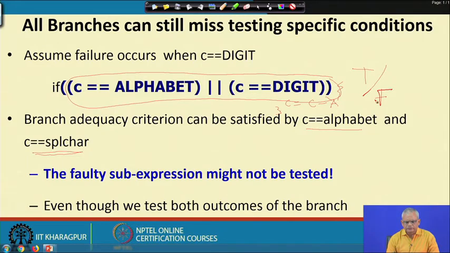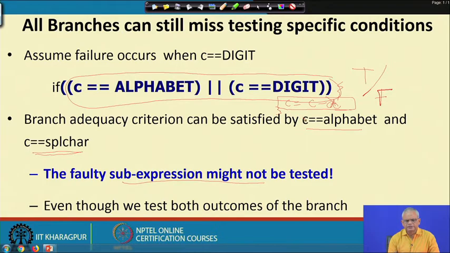But the fault is that when C is equal to digit, we are not handling it properly. Let us say we have written C equal to C minus small a. So, I made a small mistake here in getting the integer value. But our two test cases, C being an alphabet and C being a special character, achieve decision coverage, and the faulty sub expression, C equal to digit, is not tested.